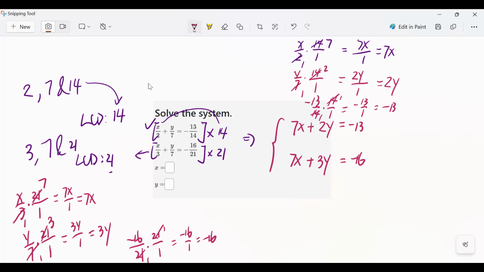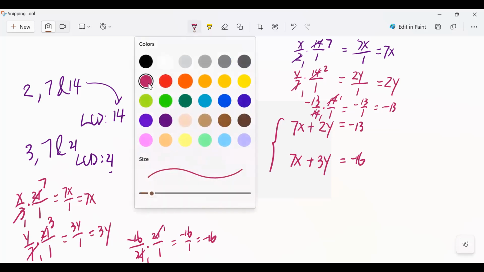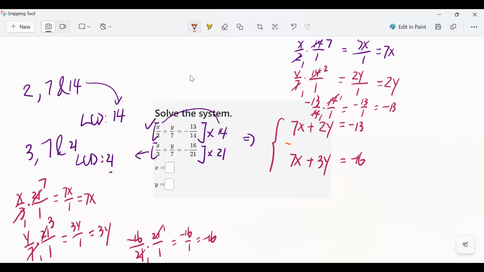And now these two equations don't have fractions anymore. So if you subtract the two equations, we are eliminating variable x. X is gone, because 7x minus 7x becomes 0.